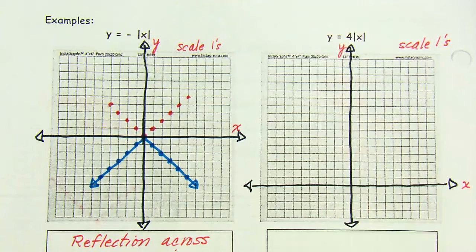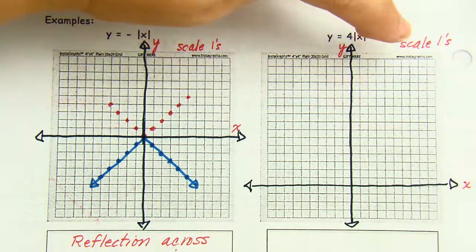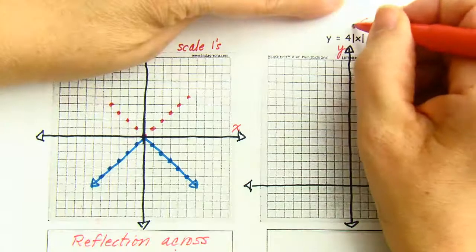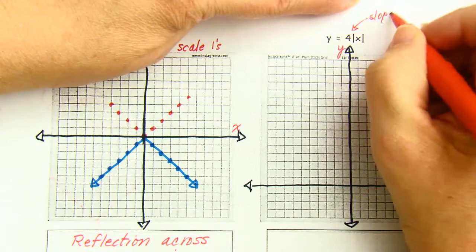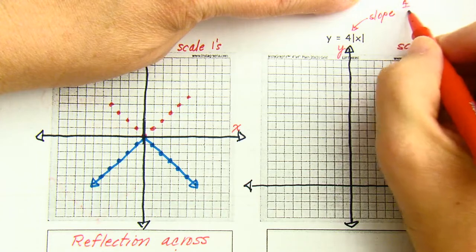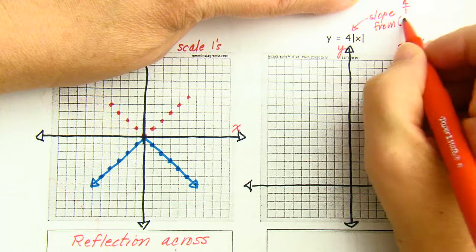Now, sometimes you'll scale a grid like x's by ones and y's by twos or y's by fives. And then you would say that in your scale definition. But when I say ones, I mean both x and y. Okay, so this 4 is a stretch, and you can think of it as a slope, like 4 over 1 from the point 0, 0.